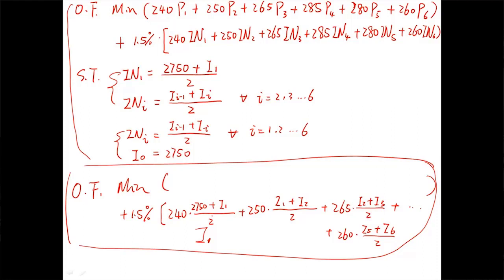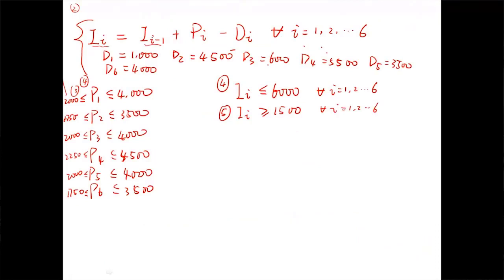And the other thing is that since in the objective function we use average inventory, some students started by defining the average inventory as the direct variable to be used. And they use this IN here as the variable. And when they try to define this relationship here, they try to use this IN, which is the average inventory, and don't know how to formulate this relationship.